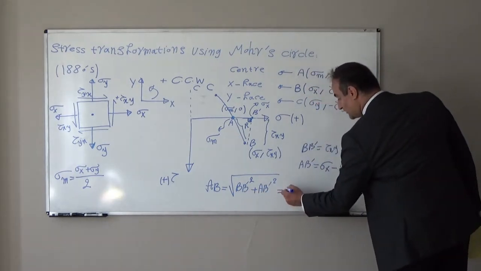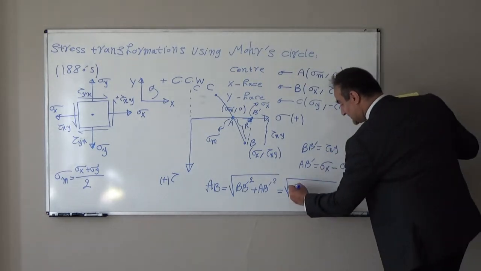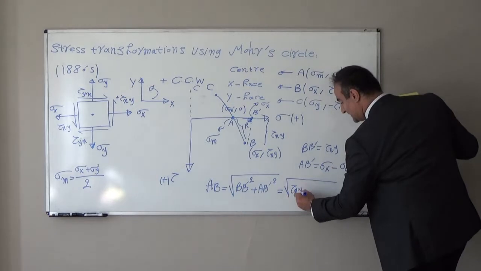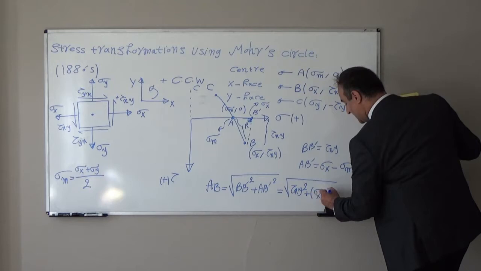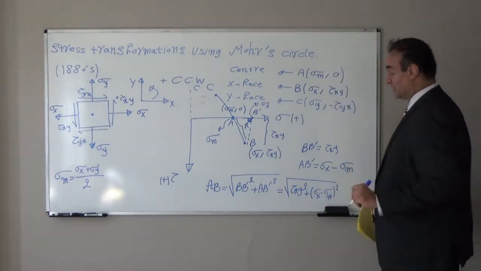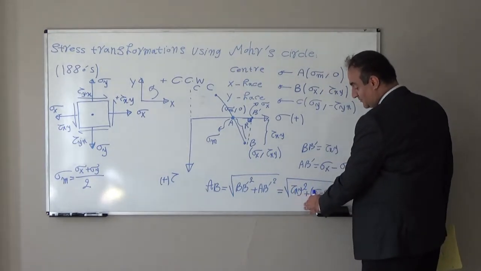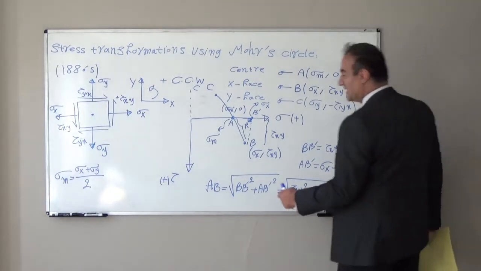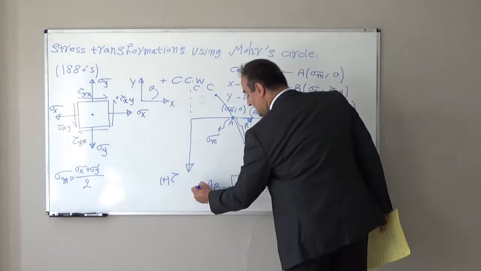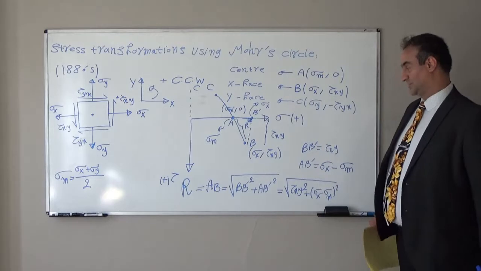That will be equal to, if I plug in these values, the square root of tau xy squared plus sigma x minus sigma m squared, which is equal to AB, that is equal to the radius of the Mohr circle.